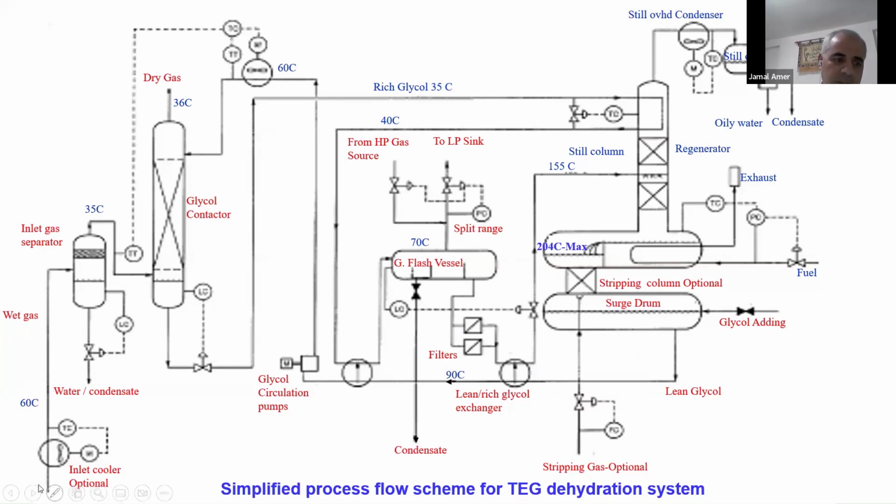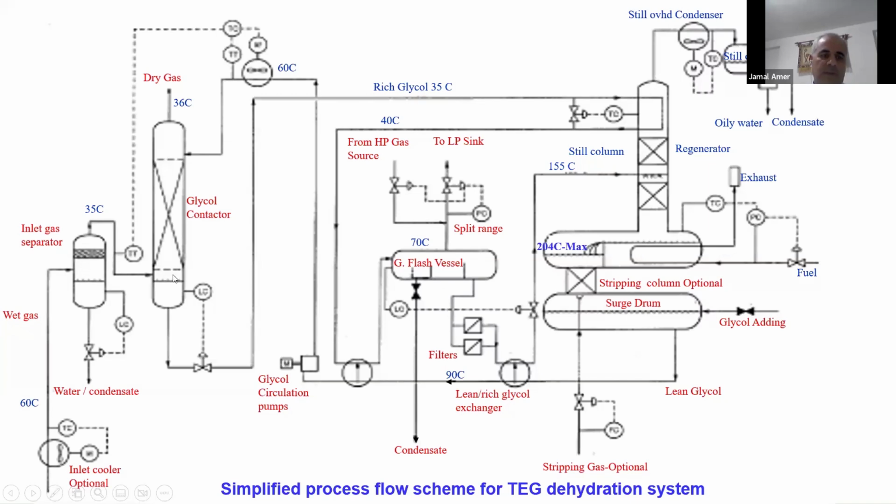This is the inlet. We have a cooler to cool the gas, then we have what we call the inlet separator, after cooling, to remove any separated liquid and reduce the load on the contactor and the glycol.